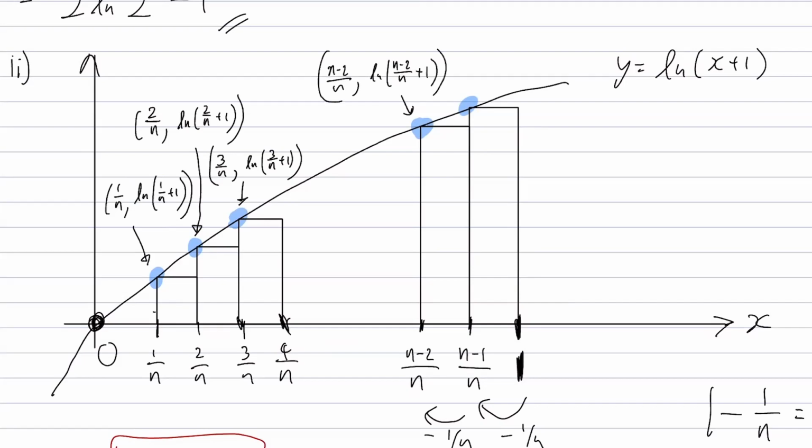The last one will be n minus 1 over n. Not n, it's not 1 itself. Look carefully, what's the x coordinate? n minus 1 over n, not 1, and comma, ln of n minus 1 over n plus 1. Is this okay?